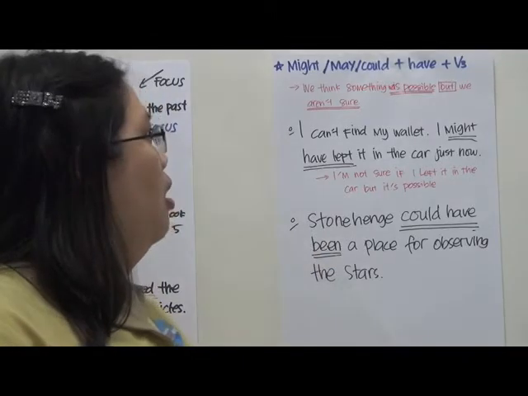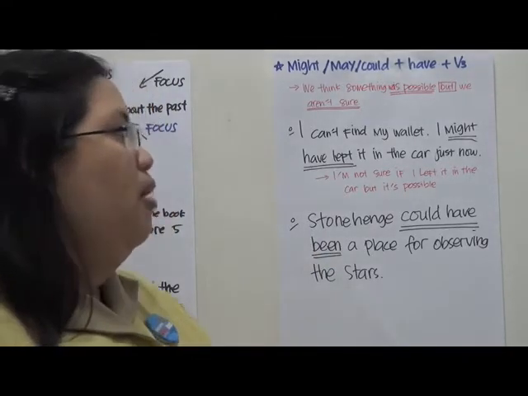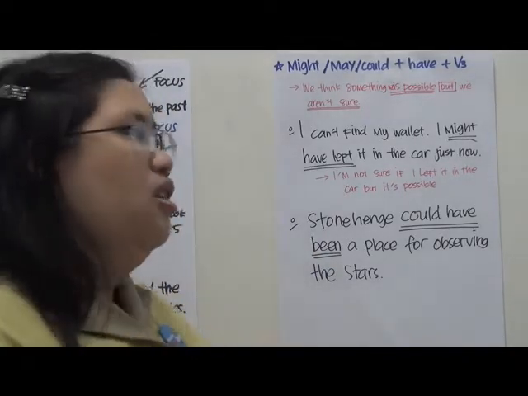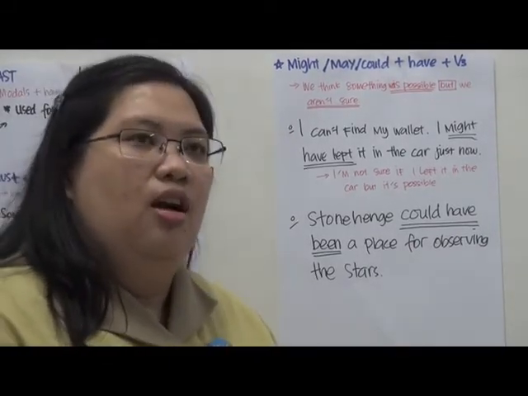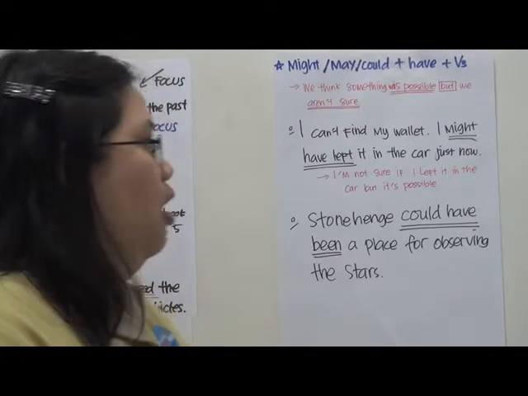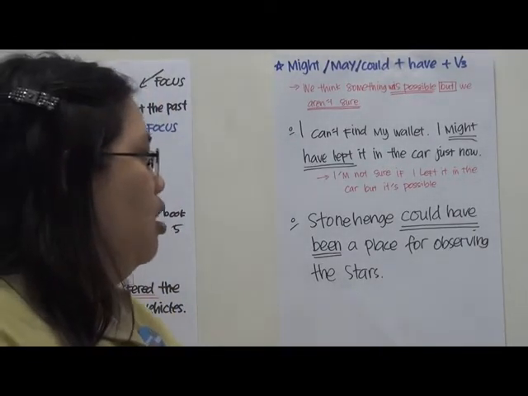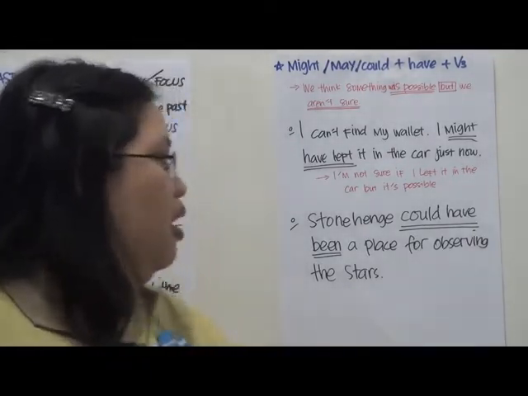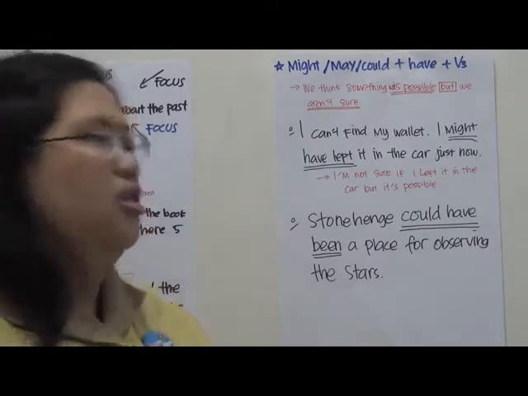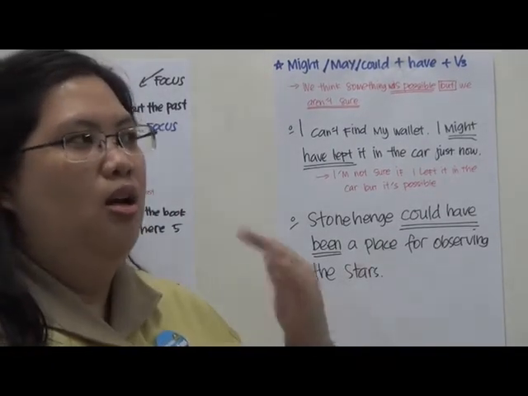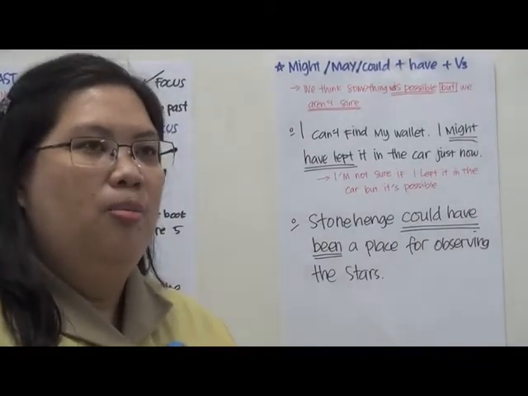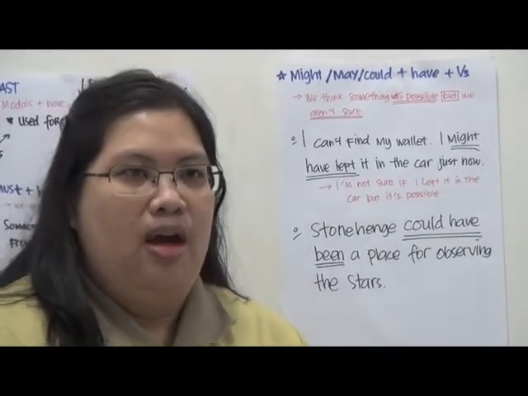For example, I can't find my wallet, I might have left it in the car just now. So I'm not sure if I left it in the car, but that's possible. Second one, Stonehenge could have been a place for observing the stars. Well, Stonehenge, it happened in the past. We're not sure, but there's always a possibility that it happened in the past.